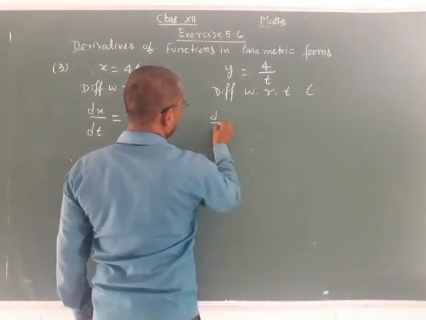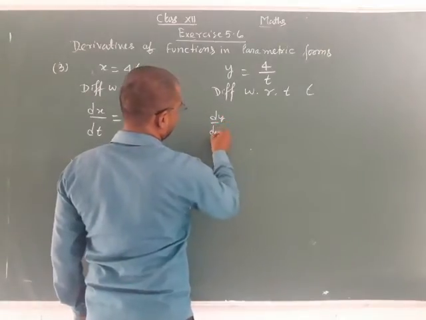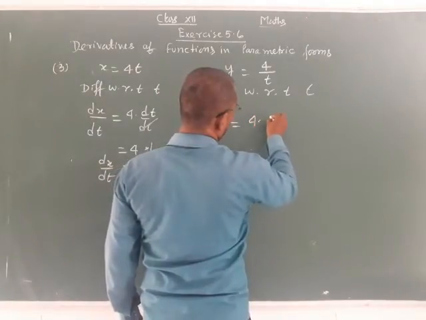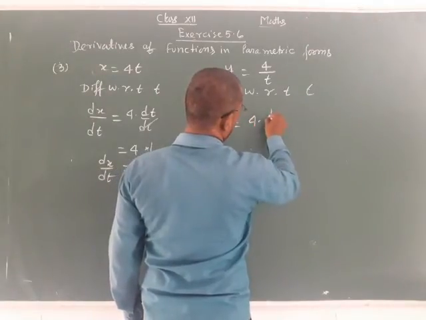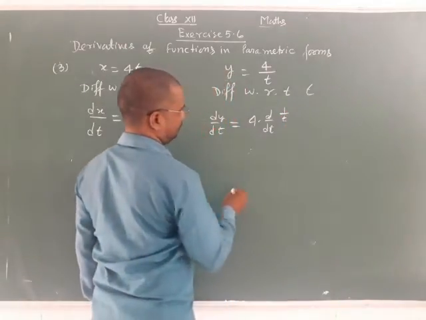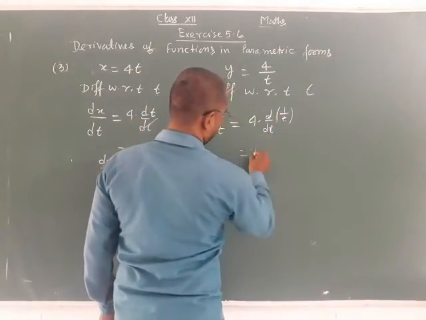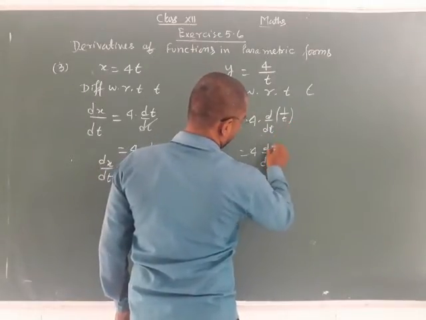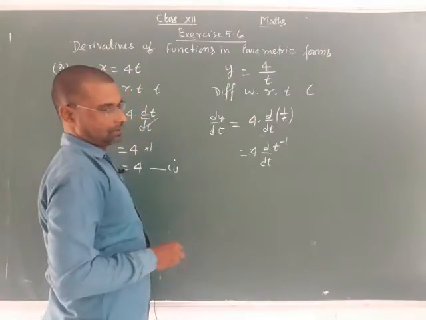So dy upon dt is equal to 4, common out, d upon dt of 1 upon t, or 4 d upon dt of t to the power minus 1.